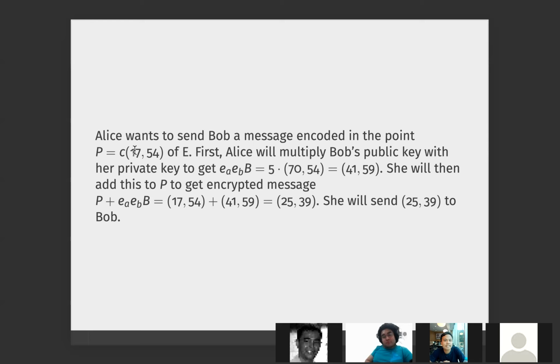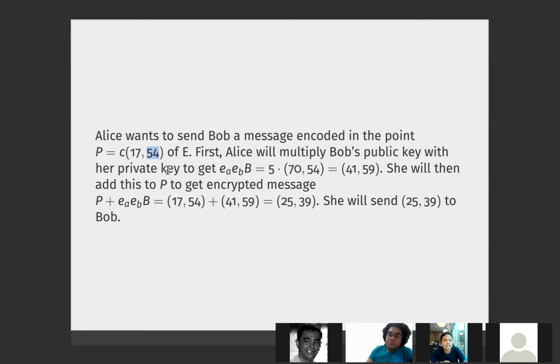The actual message is, for example, a character which is mapped to the number 17. Once you get the number 17, you just get the corresponding number, which is 54, the corresponding y coordinate in order for this point to be inside the elliptic curve.